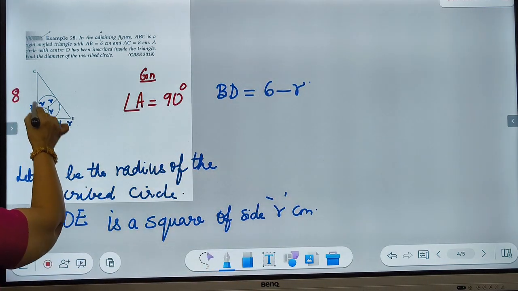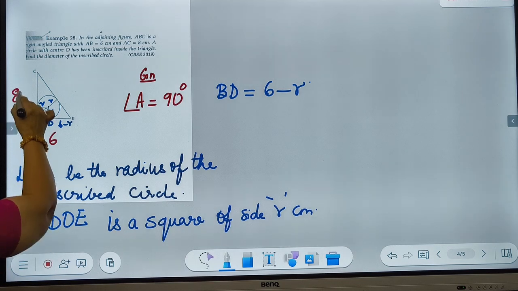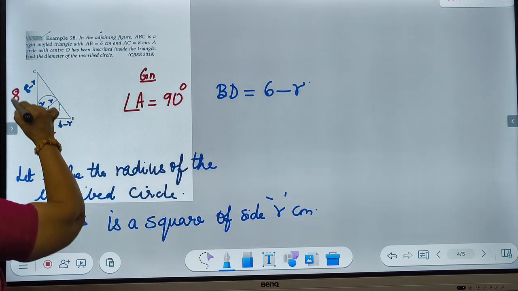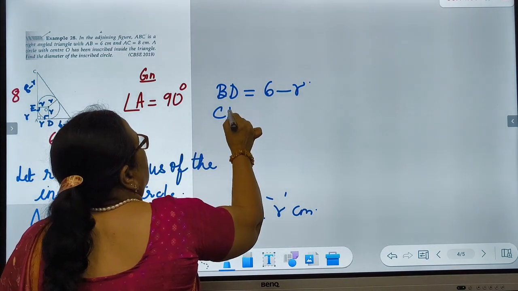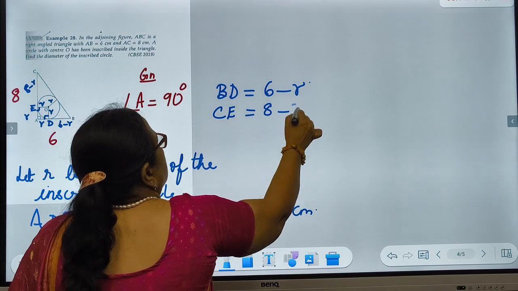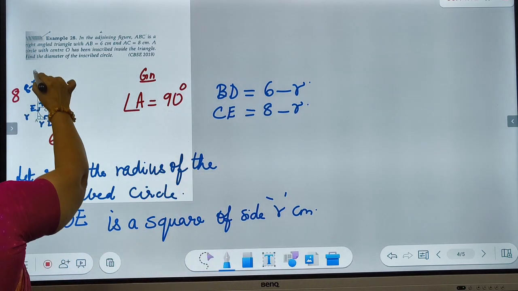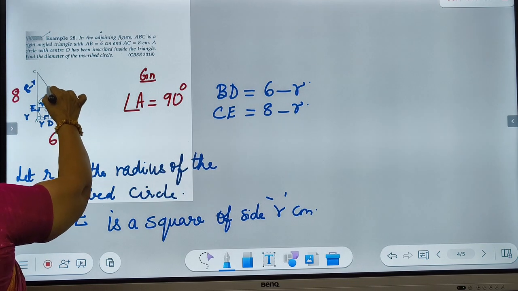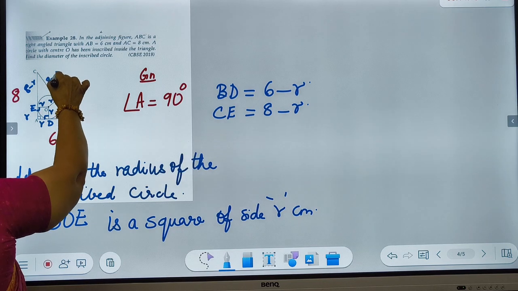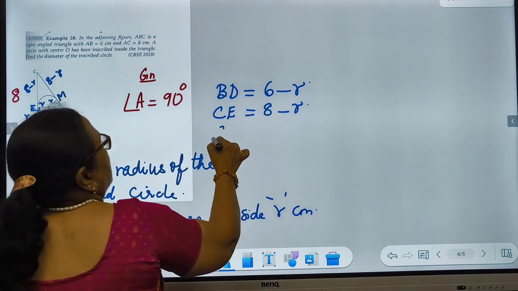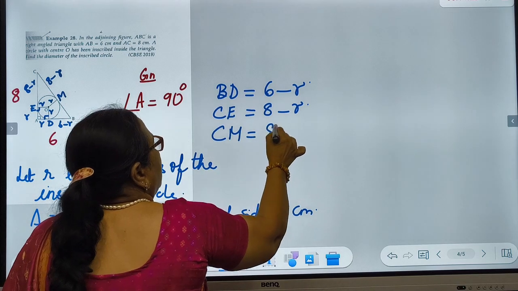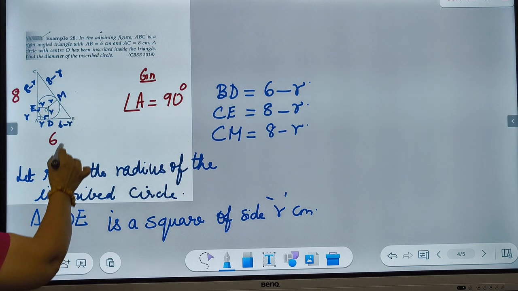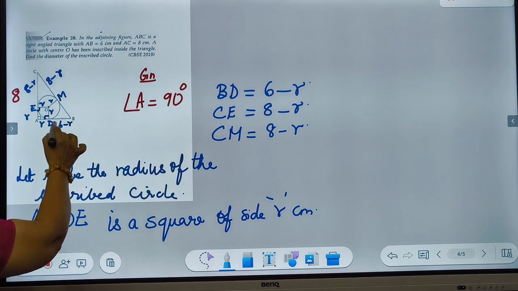Now, this is 8 and this is again R. So, this will be 8 minus R. So, CE equal to 8 minus R. That means this point, let me take it as M, CM will also be 8 minus R. Tangents drawn from an external point C. Similarly, from B, these two are tangent segments.